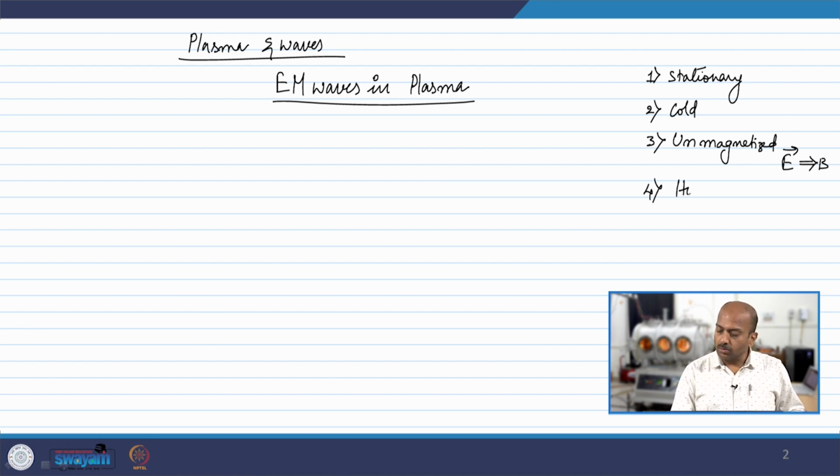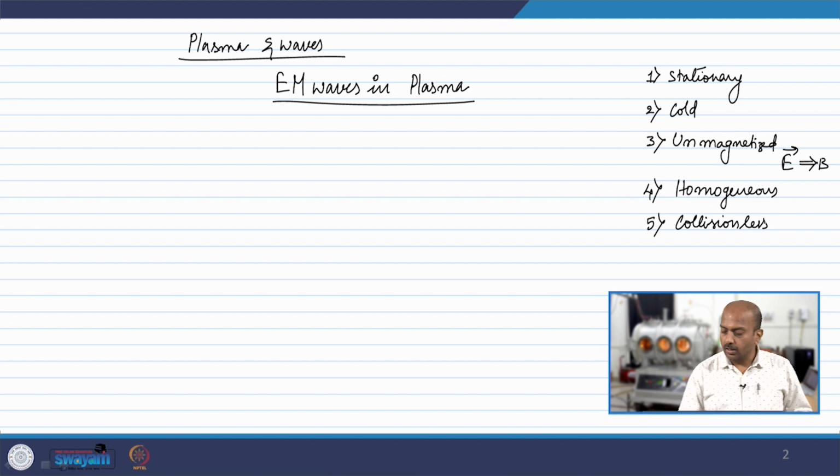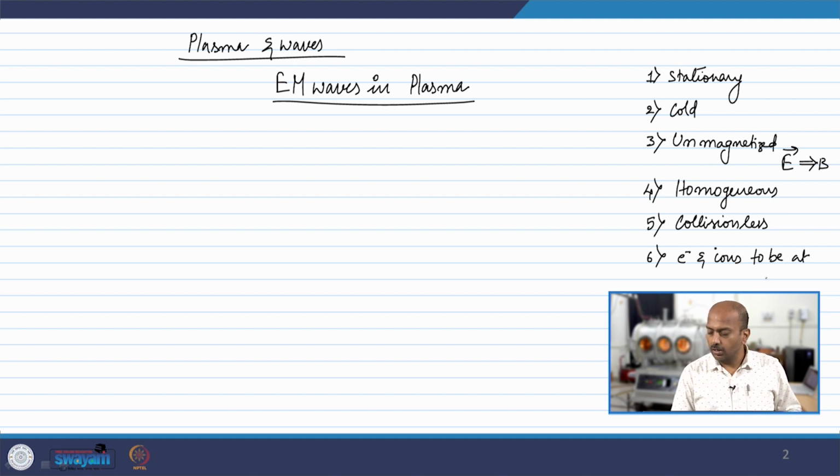The plasma is assumed to be homogeneous and collisionless, and furthermore we will assume that the electrons and ions are at rest.